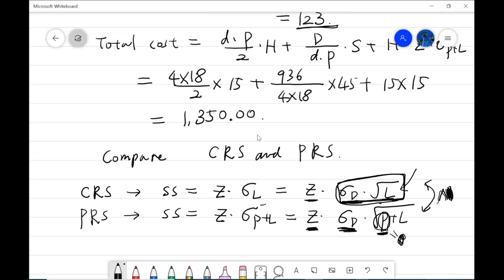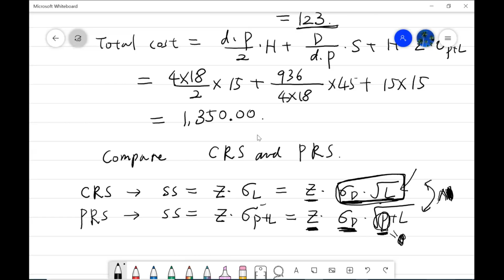It's the time between when you place an order and the next time. So if you set the review period to 0, what does that mean? You continuously review the inventory. So the periodic review system becomes the continuous review system. So basically, unless you switch to the continuous review system, you always have to have more safety stock under the periodic review system compared with the continuous review system.